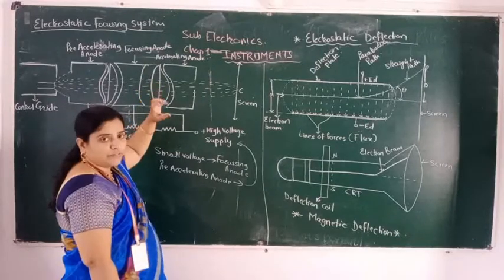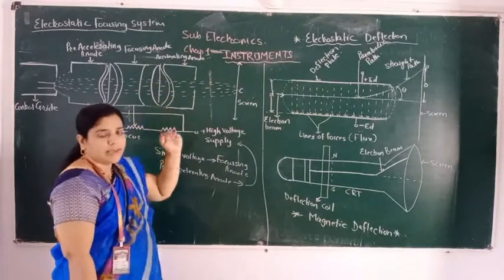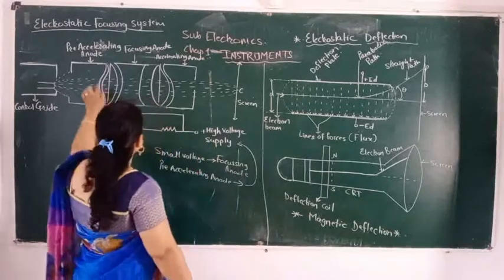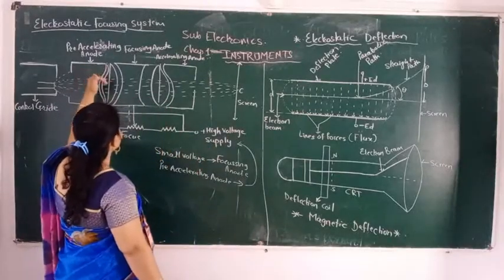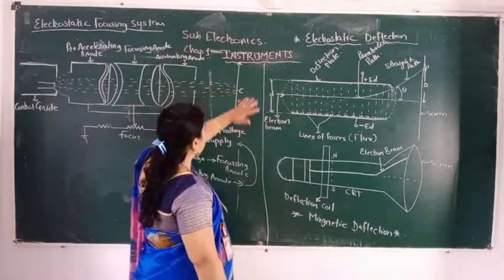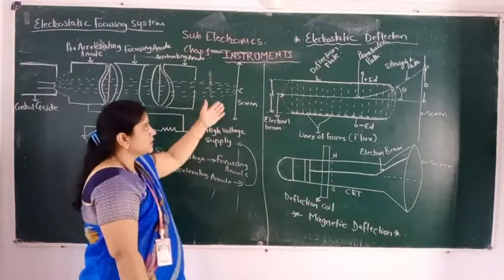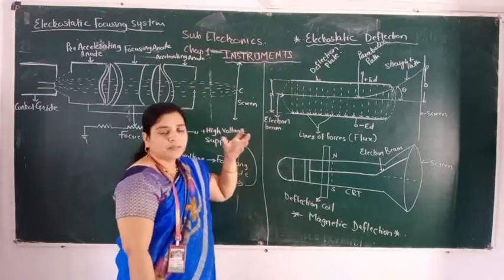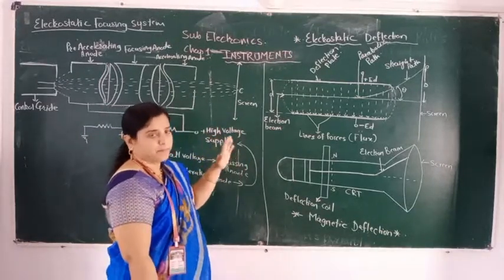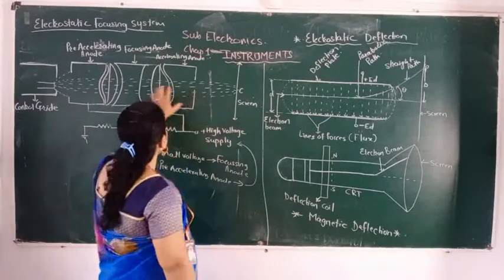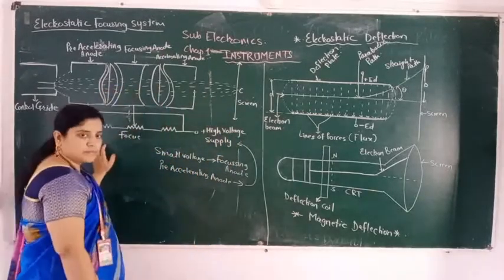So it should not flow everywhere, it should be in the narrowest path, so the pre-accelerating anode shows the path to the beam and the beam will strike the screen, and the screen will make the image of that beam. Okay, so this is the function of electrostatic focusing.